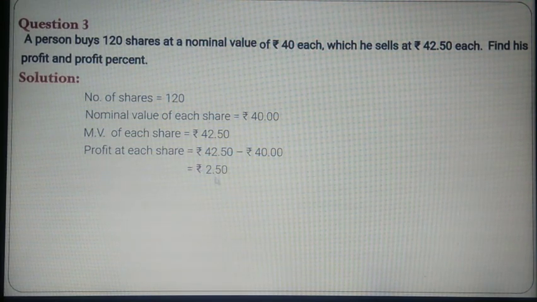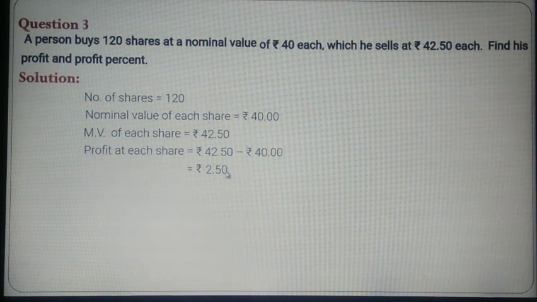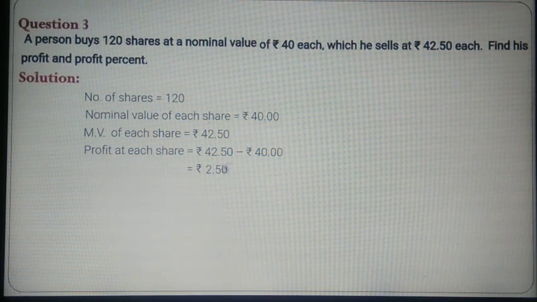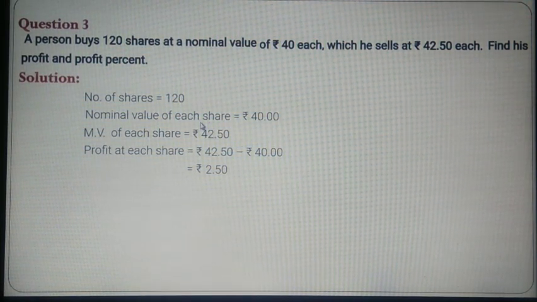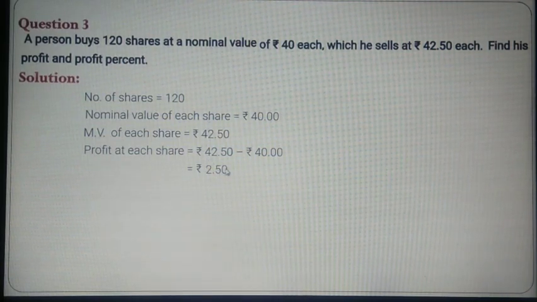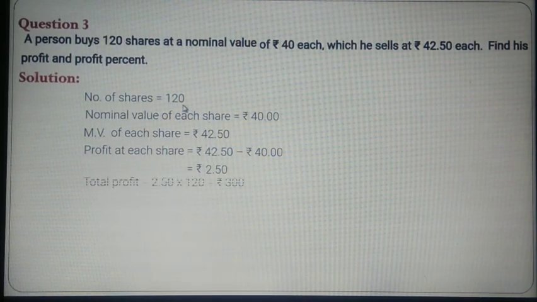So this much is the profit in one share. Please remember that. There are 120 shares available, so the total profit will be the profit for 1 into 120. That is 2.50 into 120, which equals 300. So this is the total profit for me.